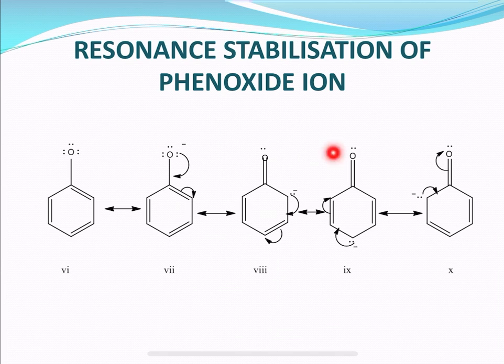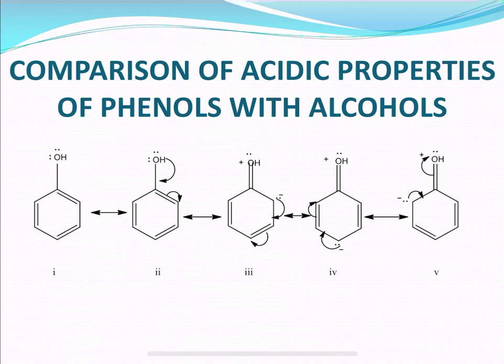These are the different resonance forms of phenoxide ions, from the 6th structure to the 10th structure. Various types of resonance forms can be observed in phenols. So, this is all about the acidic properties of phenols.